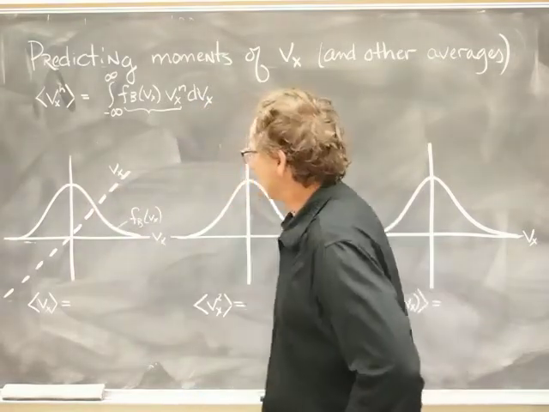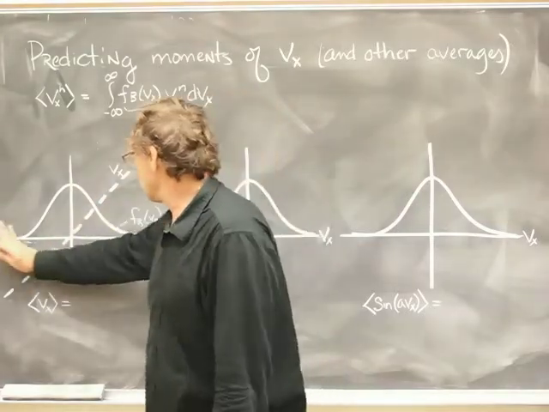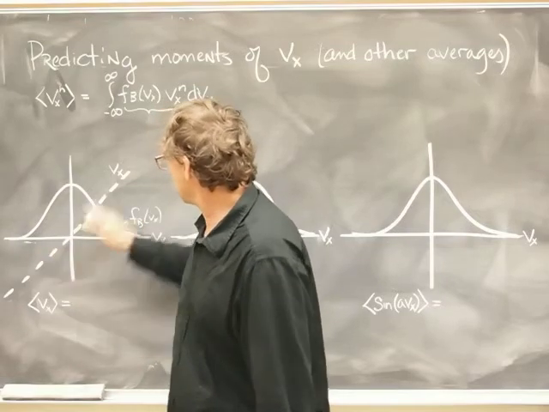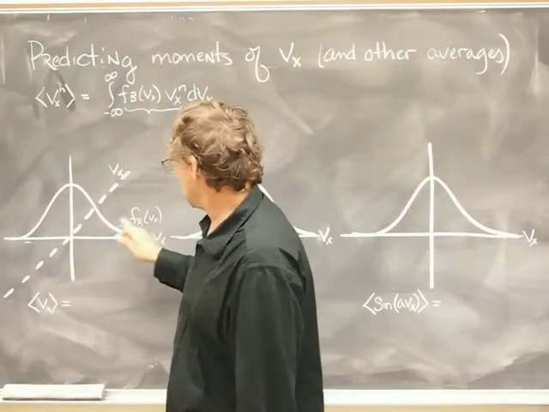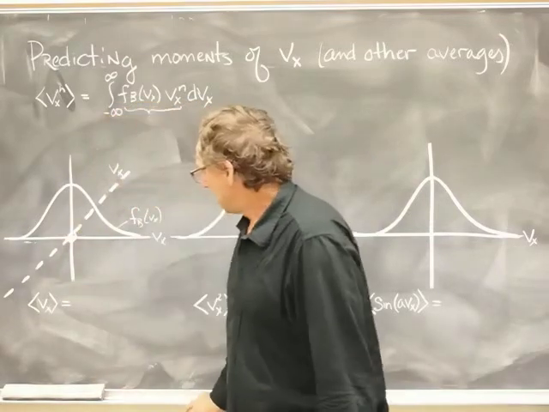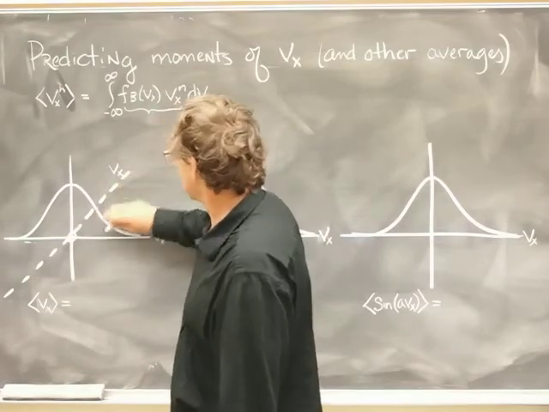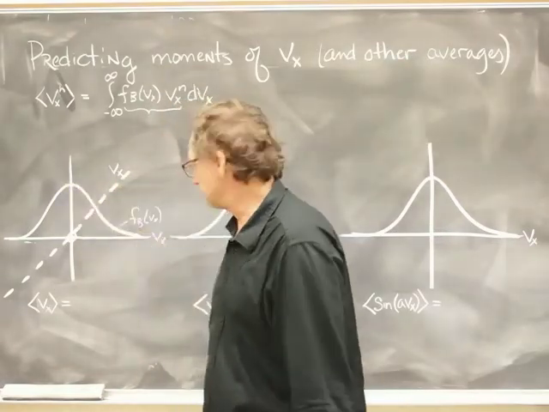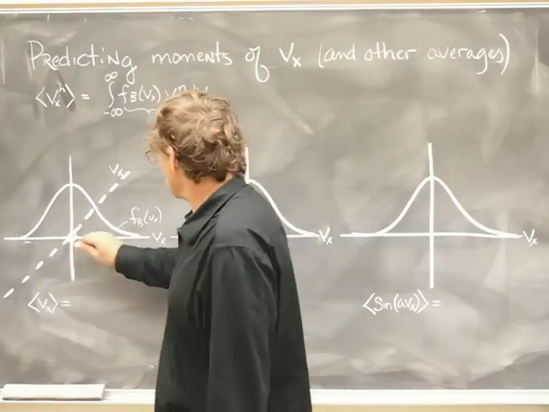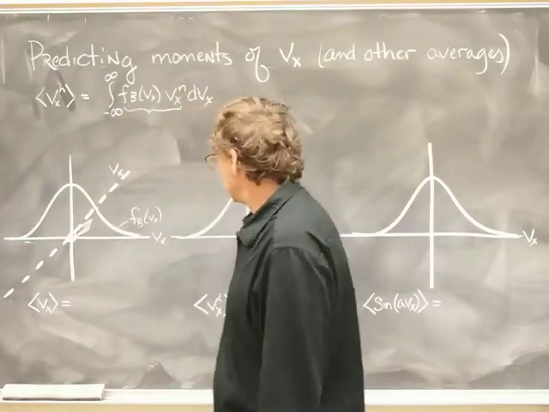Okay, if you've done that, here's how I go about it. I go over this entire range of Vx and say, if I multiply Vx times anything right here where Vx is 0, then the product is obviously 0. As I go up to the right, I have a positive number, Vx, times a positive number, the Boltzmann function, so the product is positive.